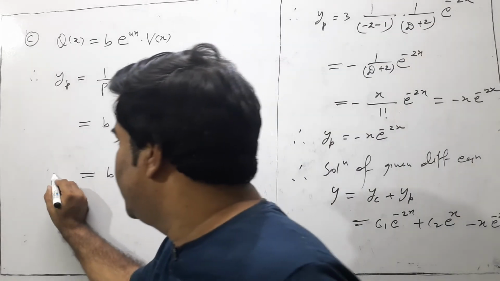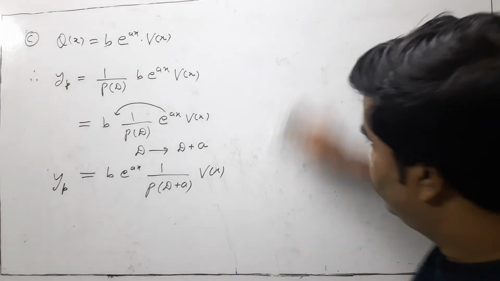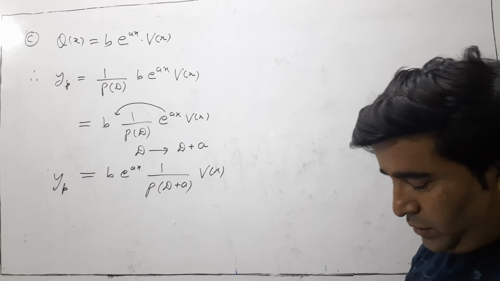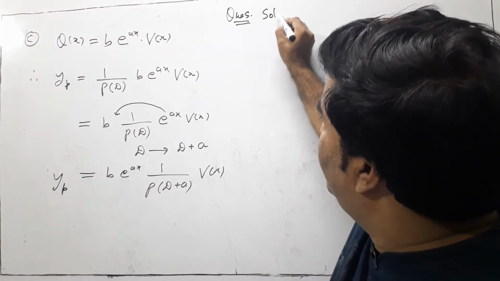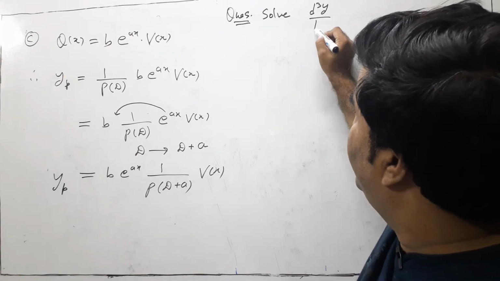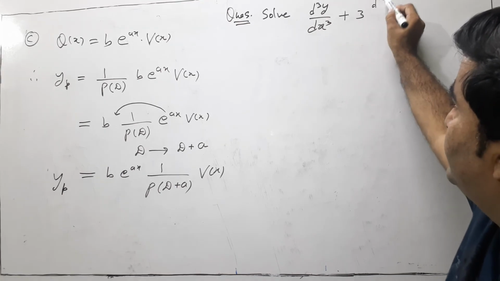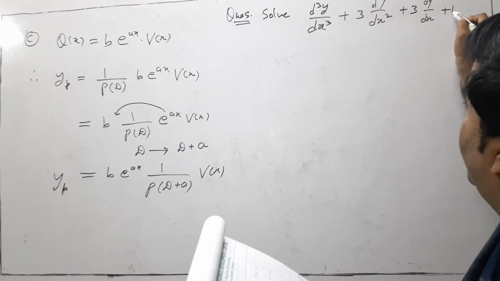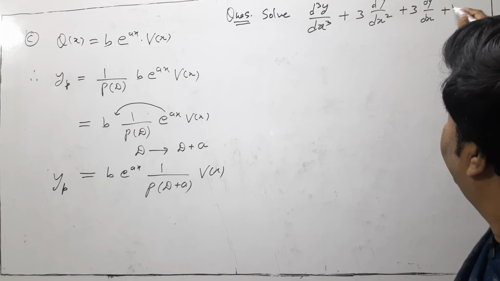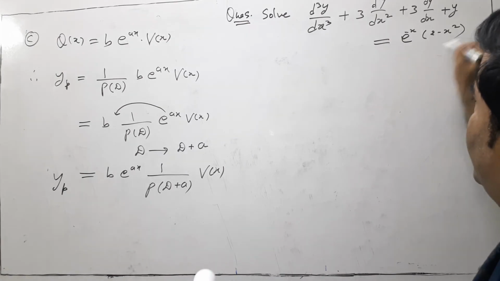So now we solve some questions on this case. First of all, we solve the differential equation d^3y/dx^3 + 3 d^2y/dx^2 + 3 dy/dx + y = e^(-x)(2 - x^2).